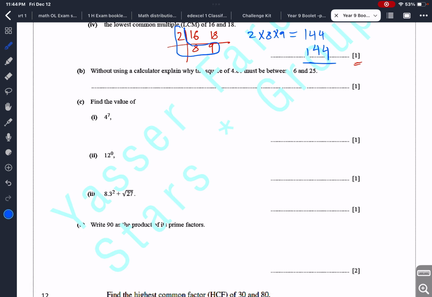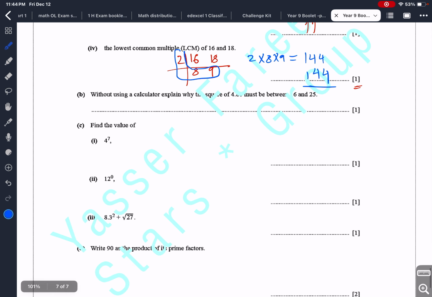Without using a calculator, explain why the square of this number must be between 16 and 25. This number is always between 4 and 5.